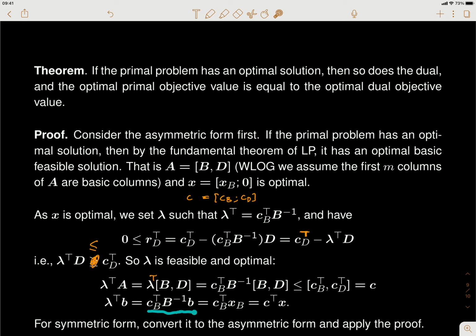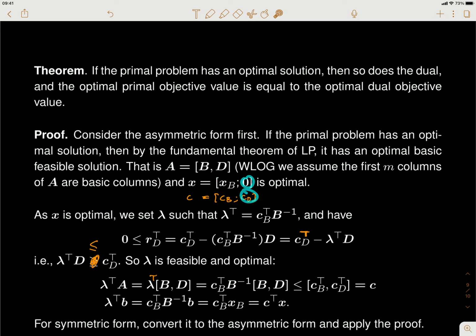And when you multiply it to the B, we know that the B inverse times B gives us the current basic variables. So this part here is just the XB, the basic variables. Now we have CB times XB. So we're taking the inner product of these two, and that's the same as taking the inner product of these two together, because this is just 0.